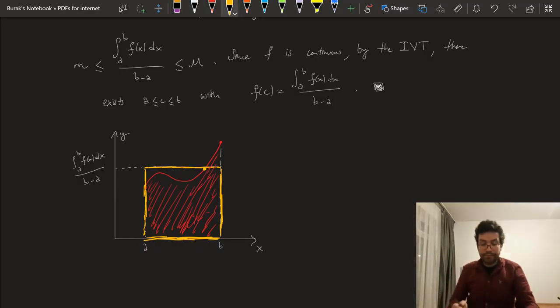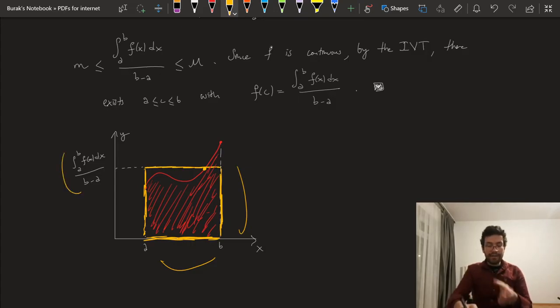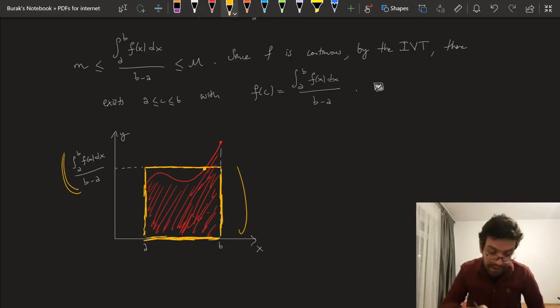It would be the height times the width. The height is this term, multiplied by the width. I said divided, I am sorry. The area would be the height times the width. So it's this number times b minus a. So that would be the integral.